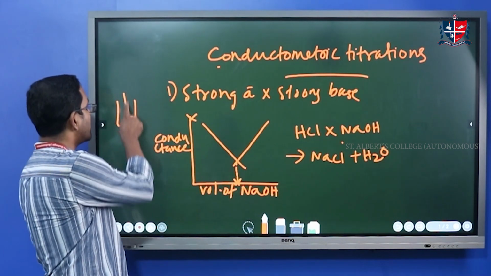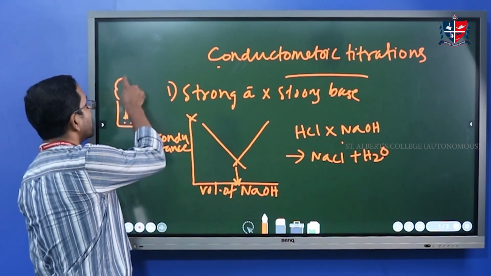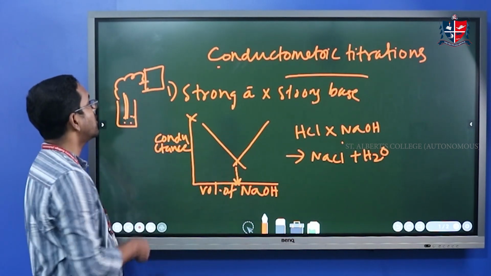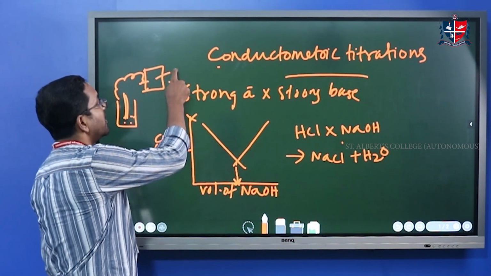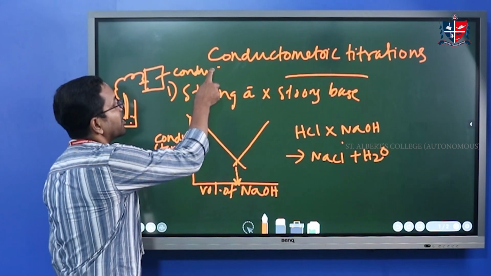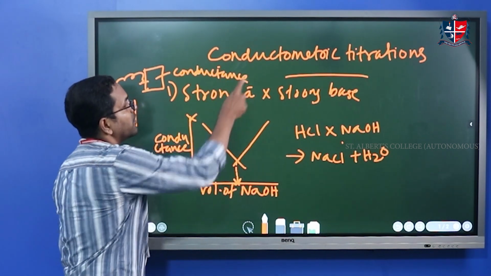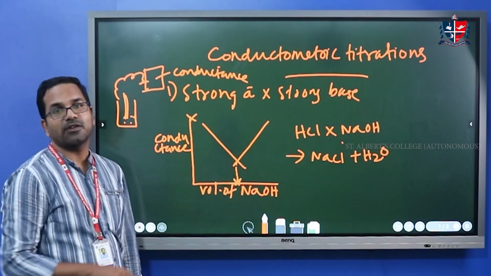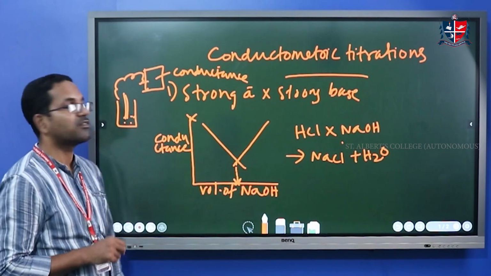And we immerse a cell, and this is connected to a conductivity meter. So here we will get the conductance value in this conductivity meter. The value will be high because we are immersing the cell in the concentrated HCl, the unknown solution.